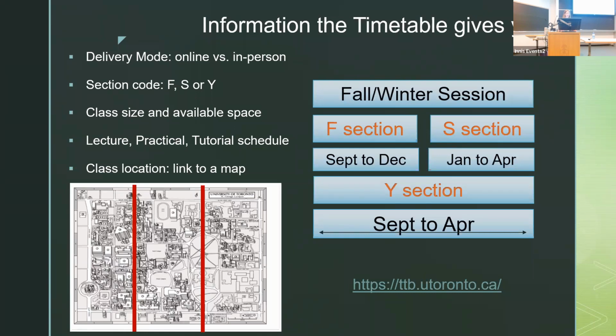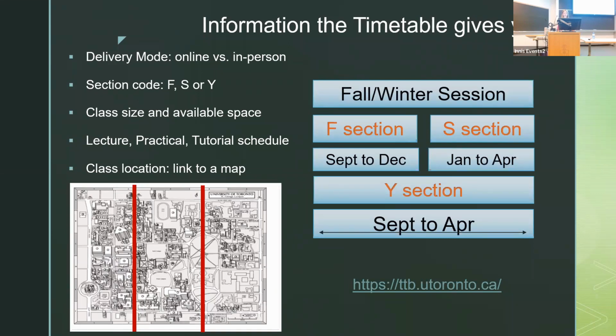This lecture, 0201, is online, asynchronous, which means the lecture is pre-recorded and you access it on your own time. But you would need to be in person for the final exam.